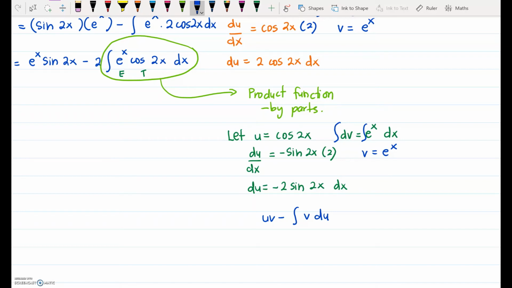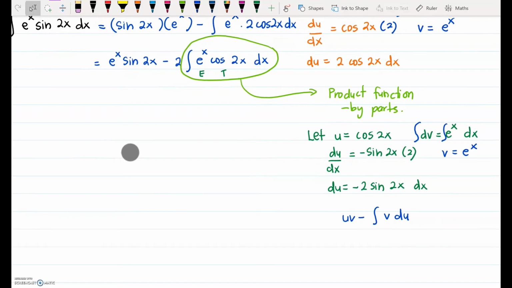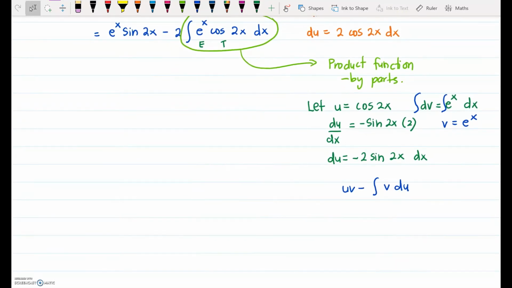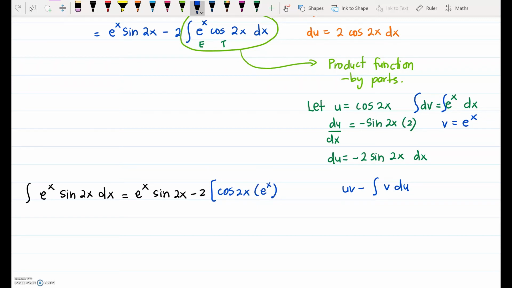When you substitute, the integration of e^x sine 2x dx equals e^x sine 2x minus 2, then substitute the formula: uv, where u is cos 2x and v is e^x, minus the integration of v du.